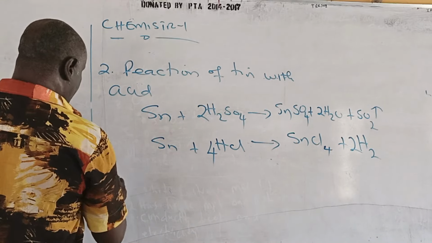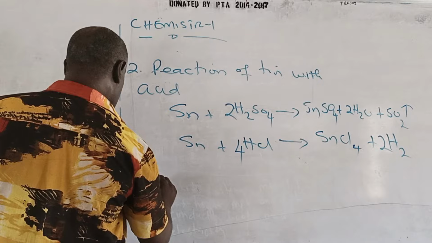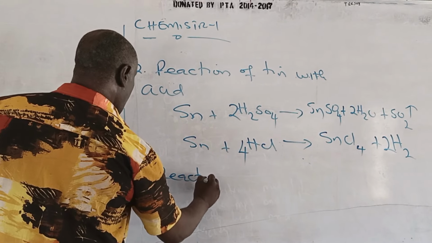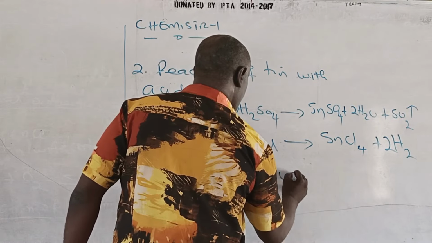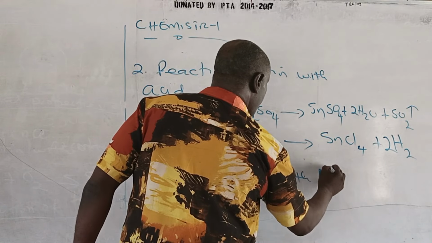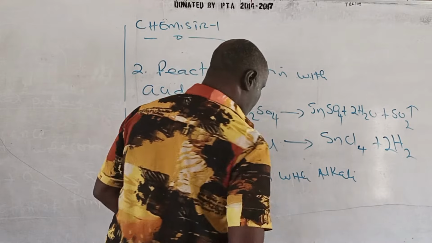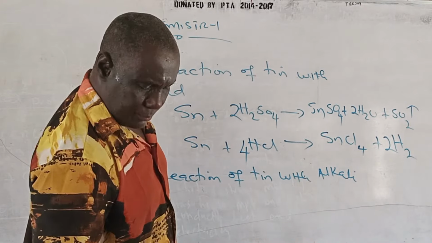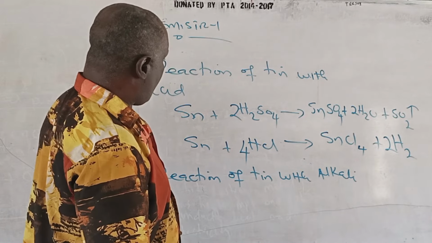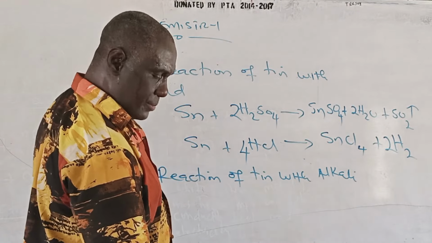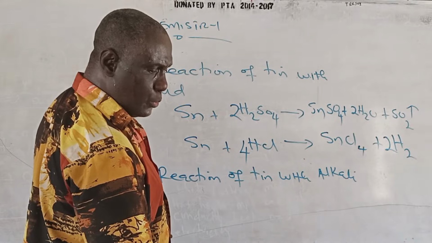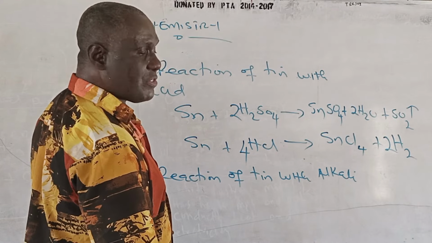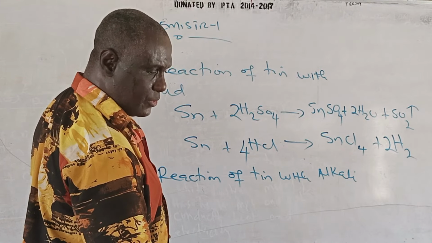Let's look at another reaction. Reaction of tin with alkali. Tin reacts with hot alkali to produce trioxostanate salt.